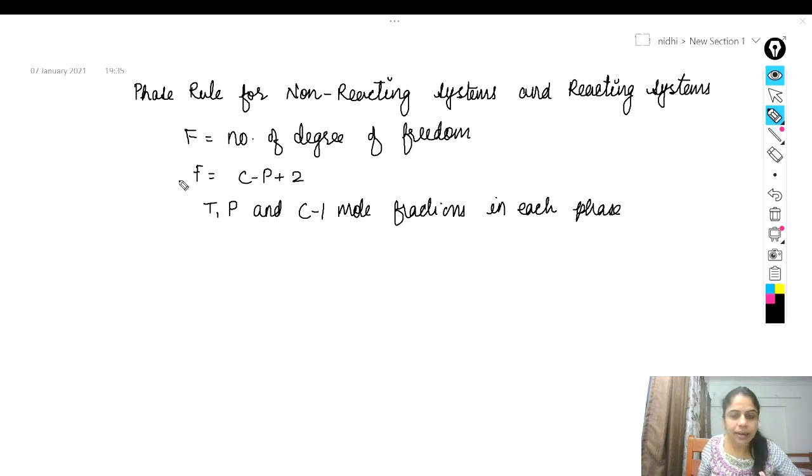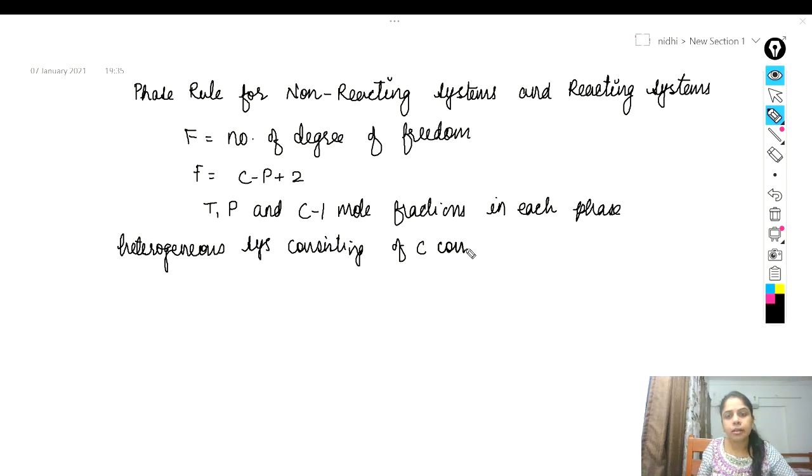So let's consider a heterogeneous system, consisting of C components, and these C components are distributed in P phases.